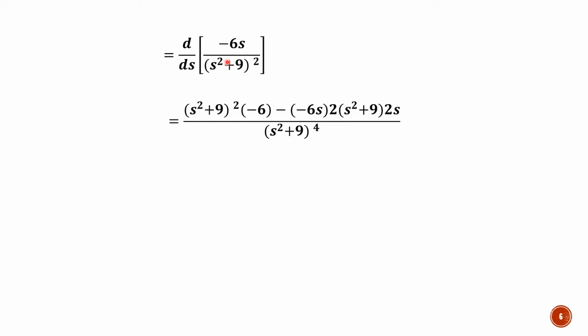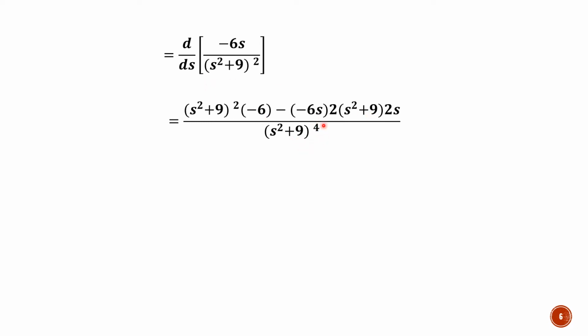The variable is s. Now, we see that each term has s square plus 9 in it. The first term has s square plus 9 the whole square, the second term has s square plus 9, and here also we have s square plus 9 whole raised to 4.